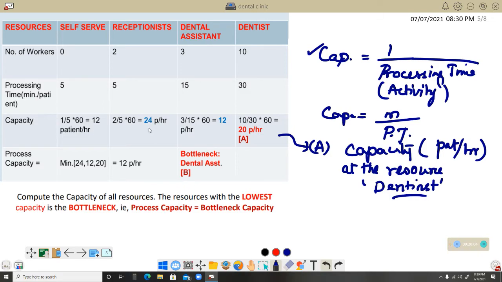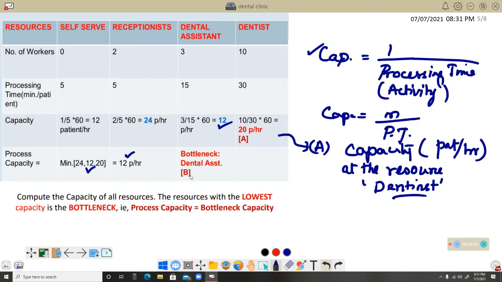So we take 24, 12 and 20. Out of which the minimum value is 12 patients per hour. That particular 12 comes to the dental assistant. That is the minimum, right? So the minimum indicates the bottleneck.